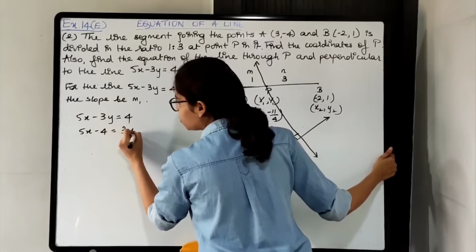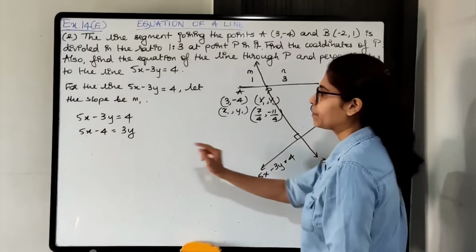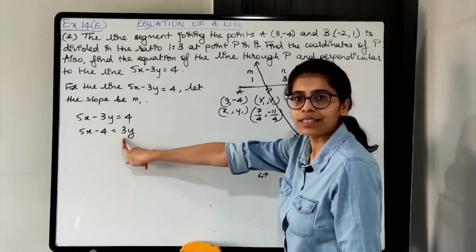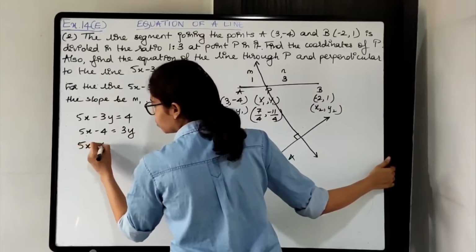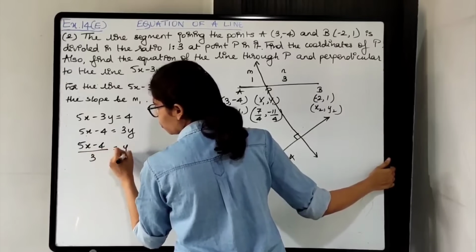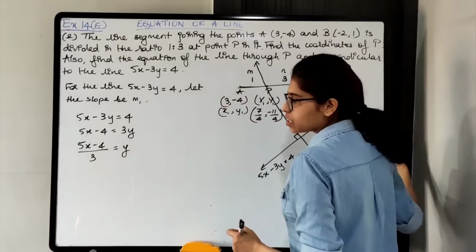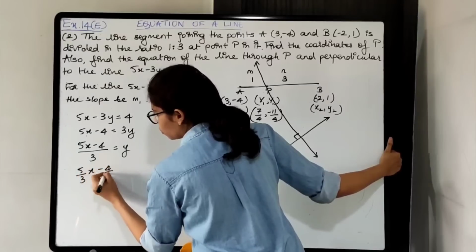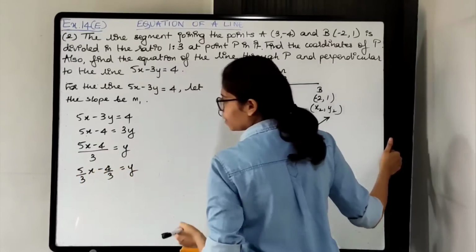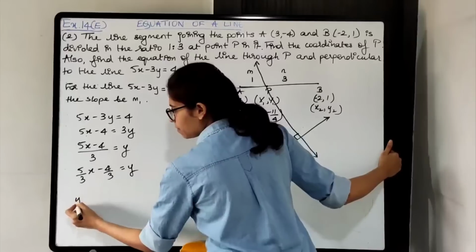Because with y term we don't group anything else. Y का coefficient देखो, it is 3, so shift 3 on the other side. The coefficient should be 1. Okay. So it will be divided. Separate कर दो. 5 by 3x minus 4 by 3. Now just switch the sides.